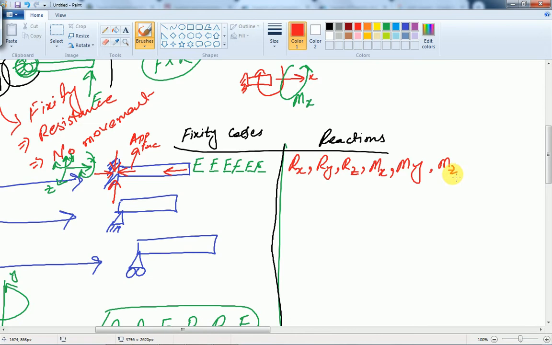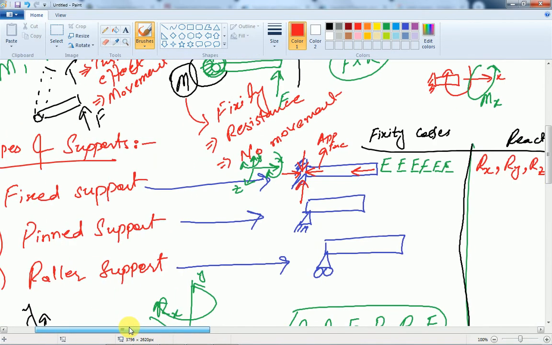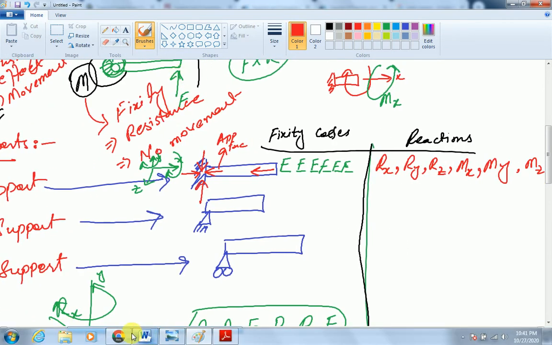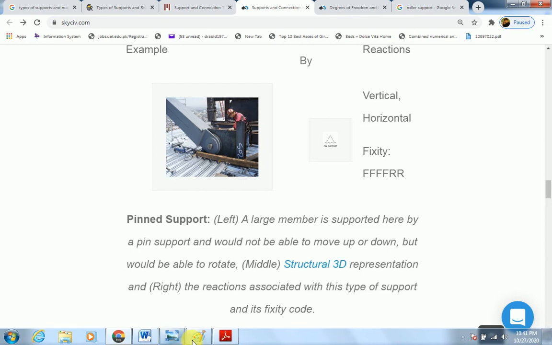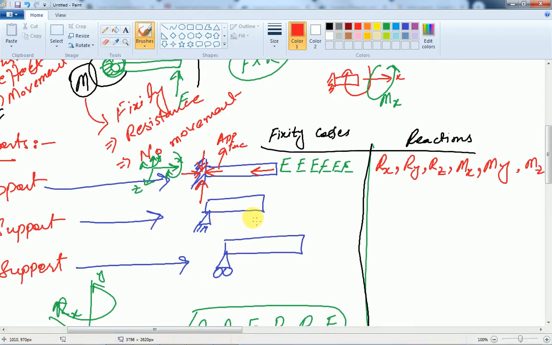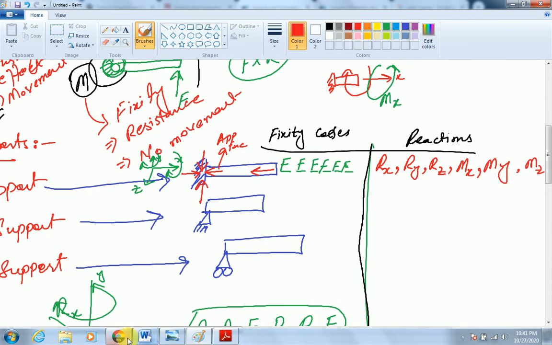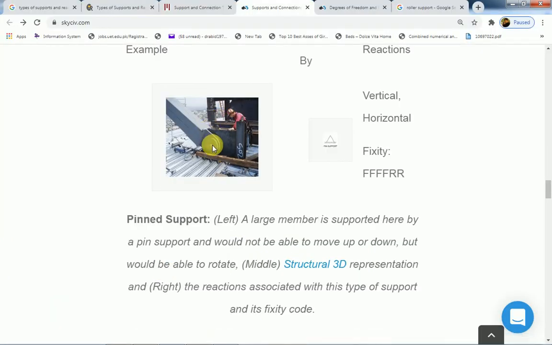Okay, so for the next type of support, that was pinned support, as I already have shown you here. This was the pinned support. Tell me, for example, if there is a pin support like this, can this body travel in this x direction?